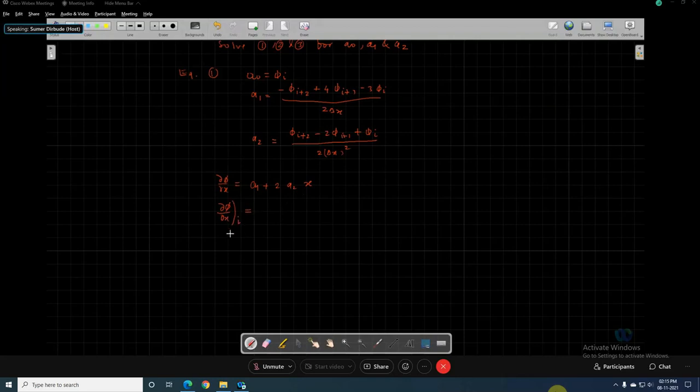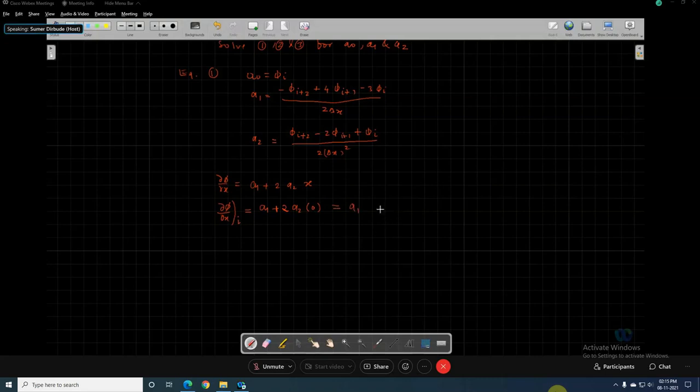A1 plus twice A2, x is 0, isn't it? At I, I is the ith point, x is the starting point. So this is nothing but equal to A1.